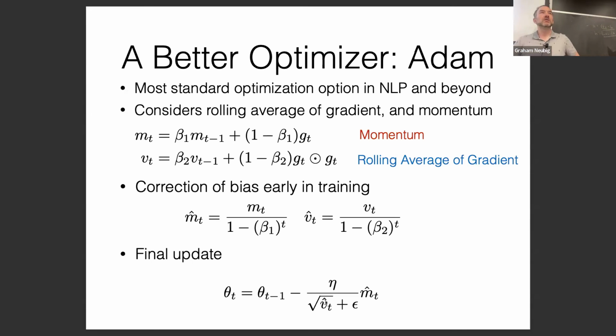And so the reason why this can be helpful is, just to give one example, let's say you have a very rare feature that only fires once in every 1,000 times or something like that. If it only fires once every 1,000 times, this will become much smaller. And so that allows you to update it a lot more the one time it does fire. So it allows you to spread your updates well among all the features.